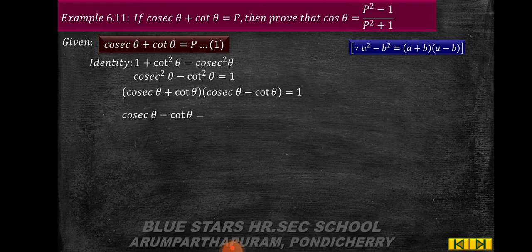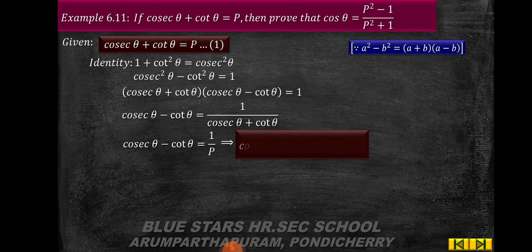Cosecant theta minus cot theta is equal to 1 divided by cosecant theta plus cot theta. Cosecant theta minus cot theta is equal to 1 divided by P, because from equation 1, this implies cosecant theta minus cot theta is equal to 1 by P.